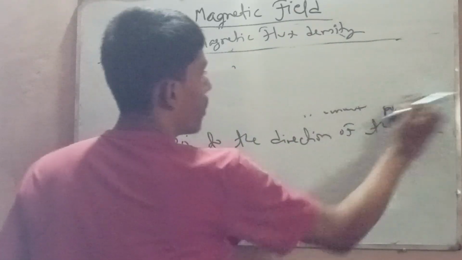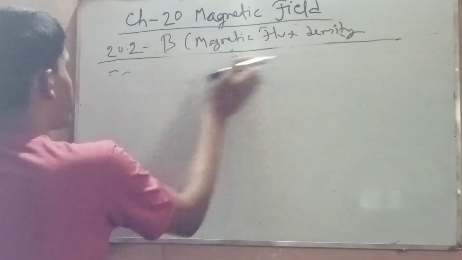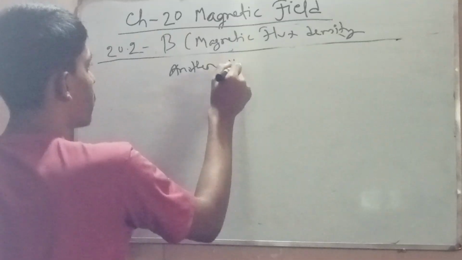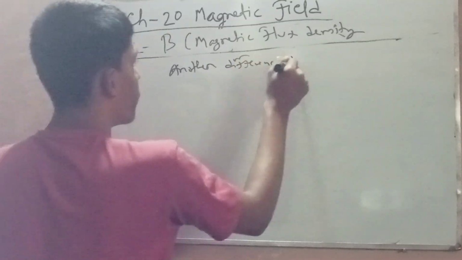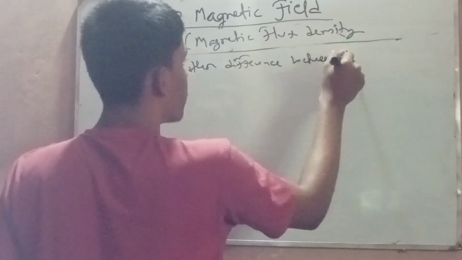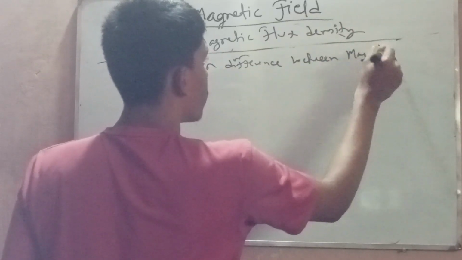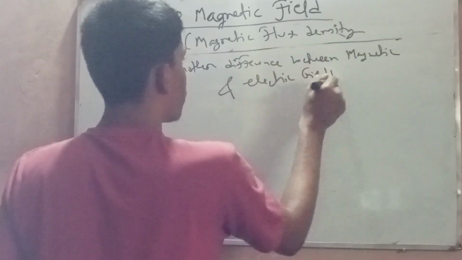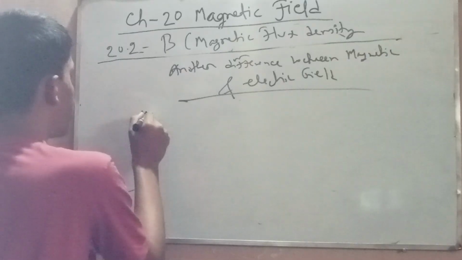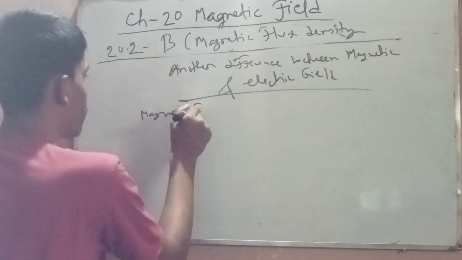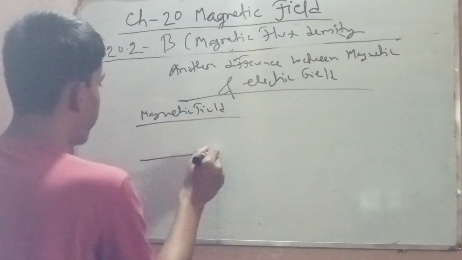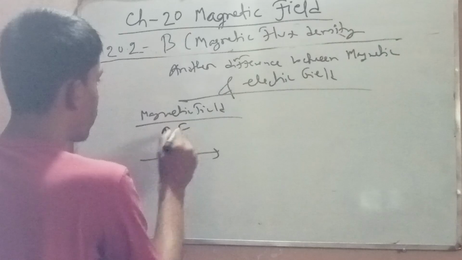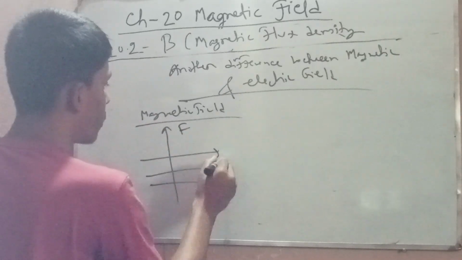From this theory, we get another difference between magnetic and electric field. In case of a magnetic field, the force direction is perpendicular to the field direction.